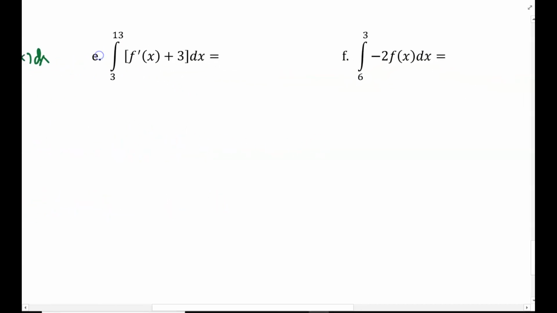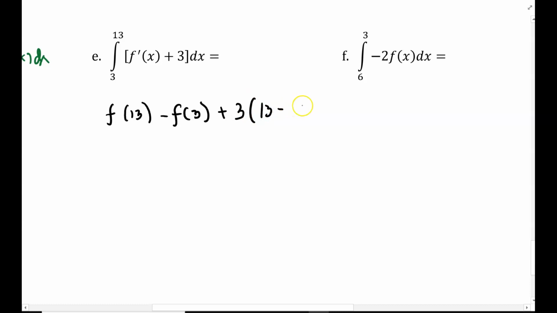E. Here we go. The integral from 3 to 13 of f prime of x plus 3 dx. Okay, so this is going to be equal to f of 13 minus f of 3, plus 3 times 13 minus 3.